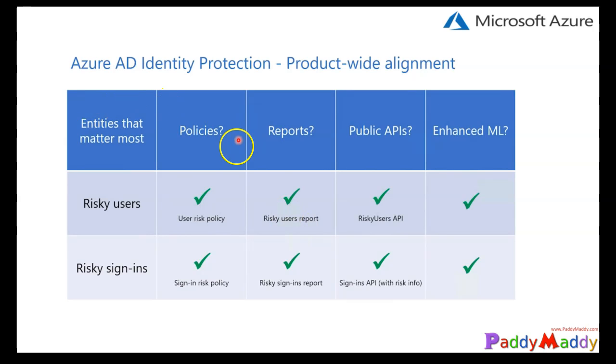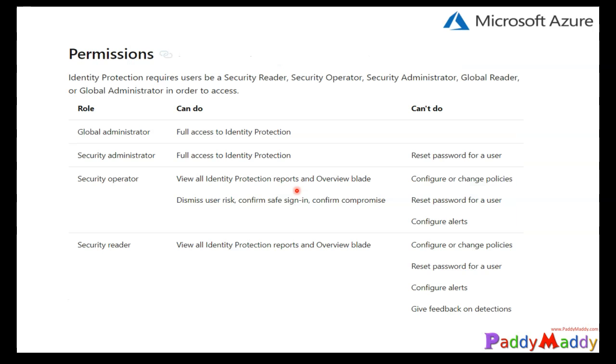You have the policies, you also have the reports, and public APIs are also available, where you can integrate with the help of the sign-in APIs available within Microsoft Azure Identity Protection. And you also have the enhanced machine learning mechanism. All these will be calculated at the user risk level and sign-in risk level, and then the value of the risk will be calculated.